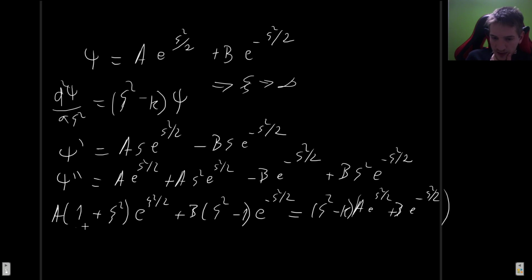So looking at this, when ξ is very large, the dominating terms will be these, and the other terms will be of very little significance. So we will see that this is indeed true. This is going to be equal to this term right here, and this is going to be equal to this term right here. So in the limit where ξ is very, very large, this seems to be in fact a solution.